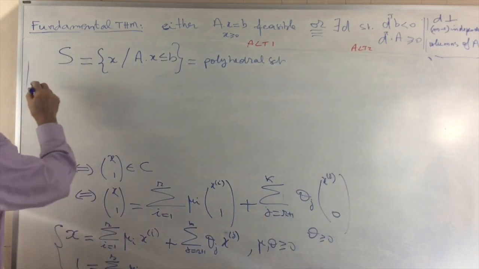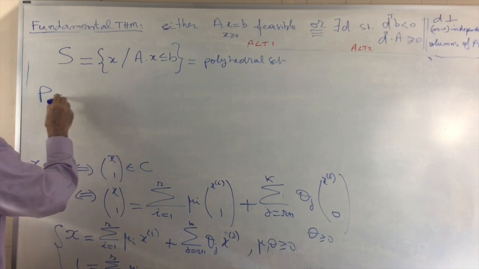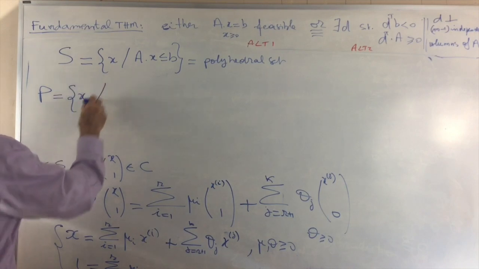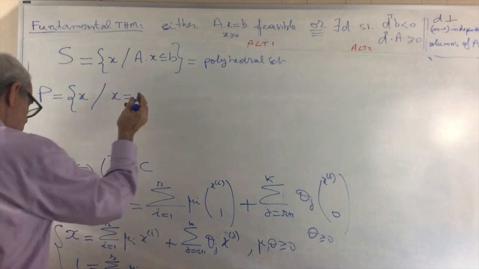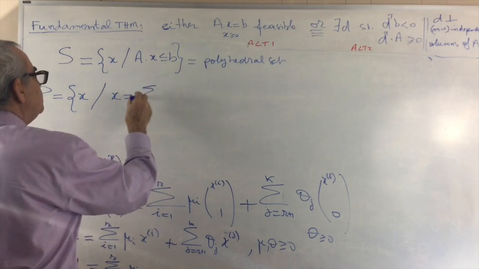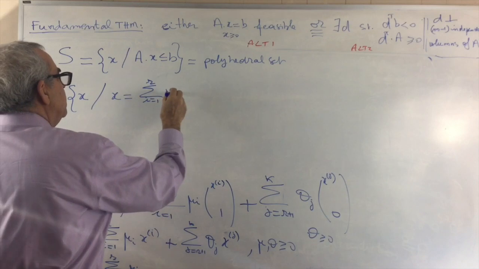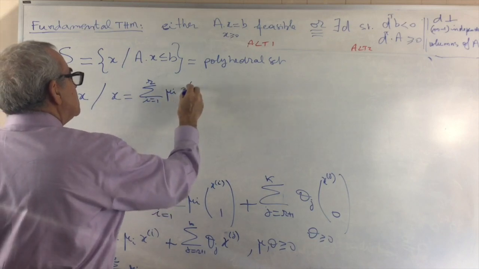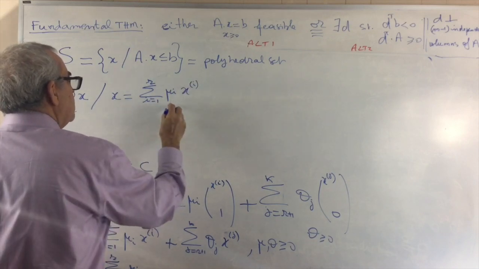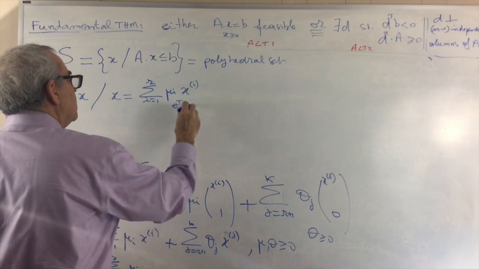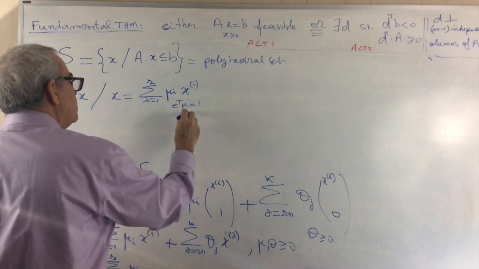So if I let P be the set of all x such that x is equal to the sum of i equal 1 till r of mu_i x_i, with e transpose mu equal to 1 and mu greater or equal to 0.